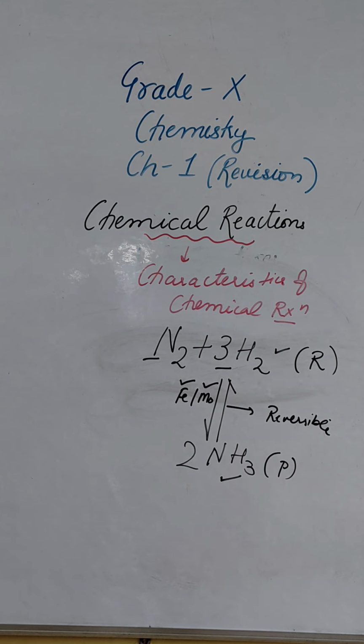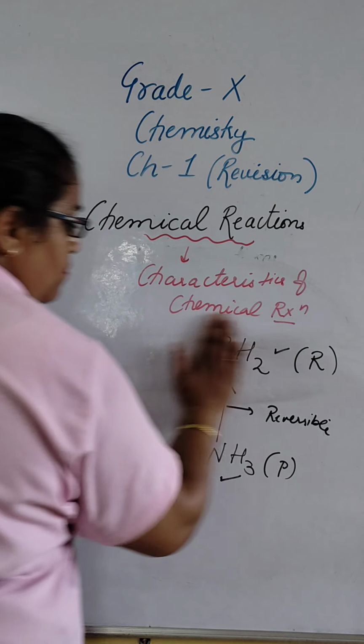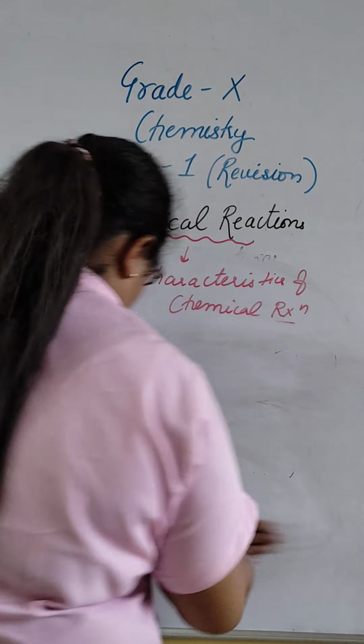Okay? So next is the characteristics of a chemical reaction. How can you say that a chemical reaction has occurred?